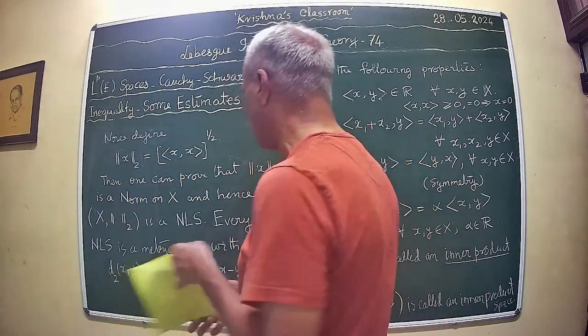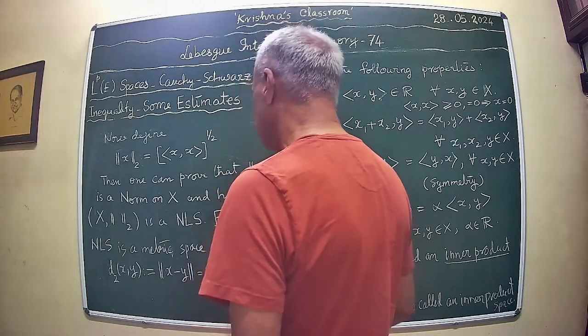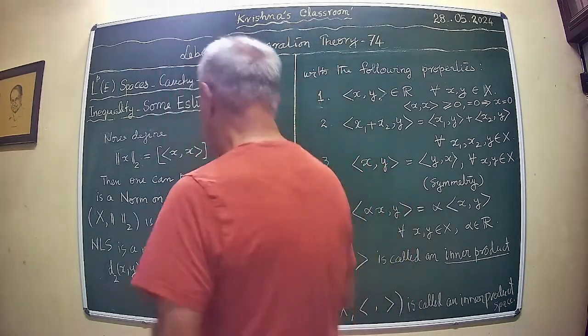So this is an inner product space. It's a normed linear space, and therefore it's a metric space.